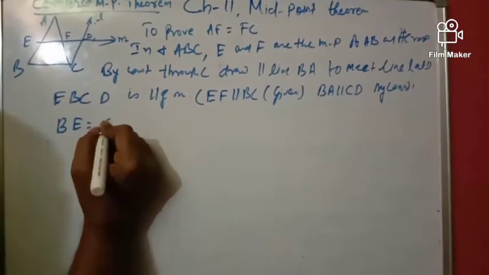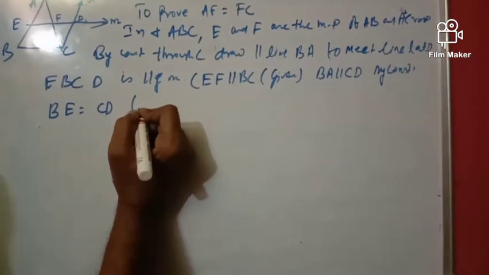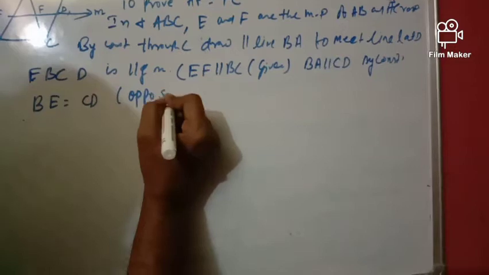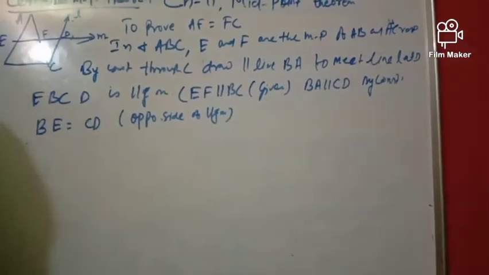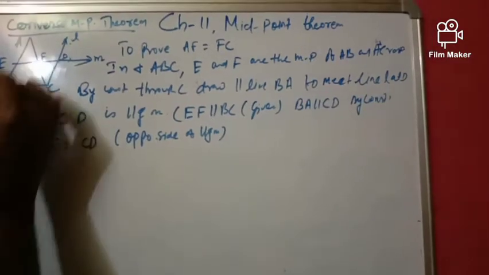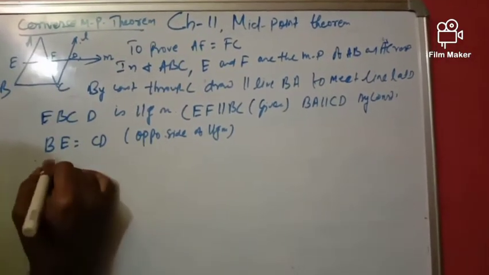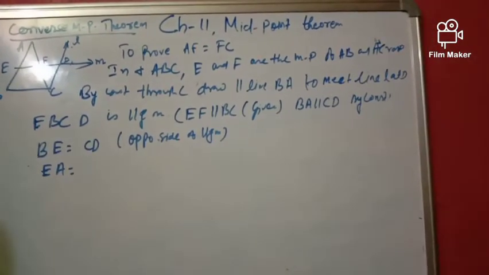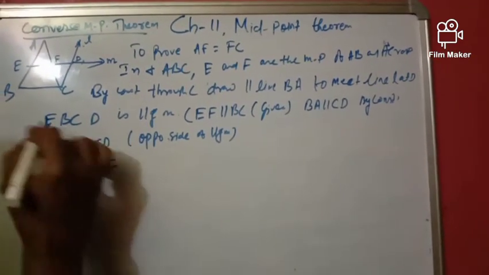Therefore BE equal to CD. Why? Opposite sides of a parallelogram are equal. EA equal to BE. Why?